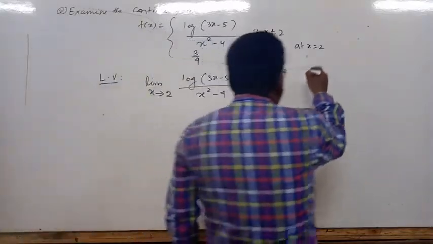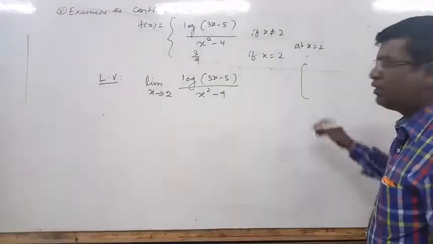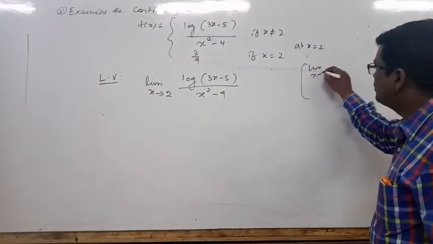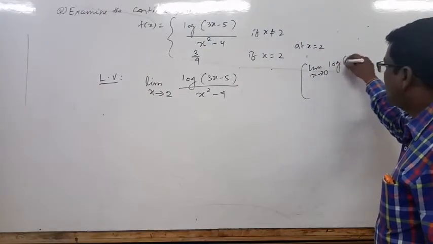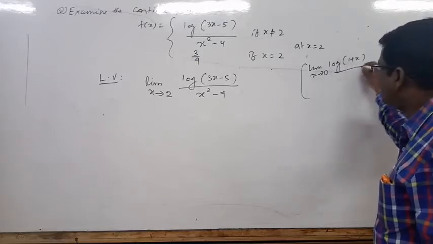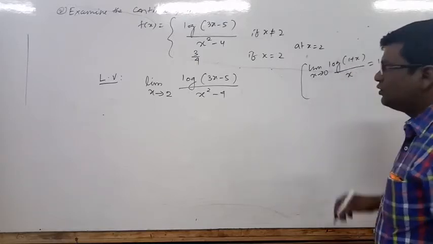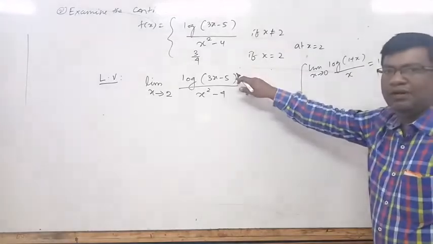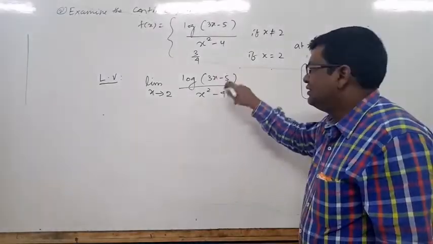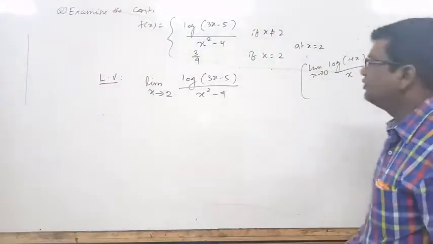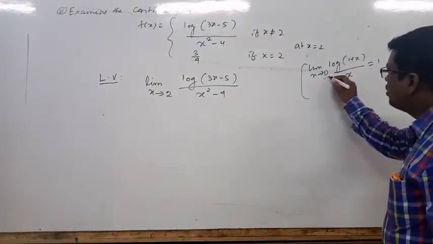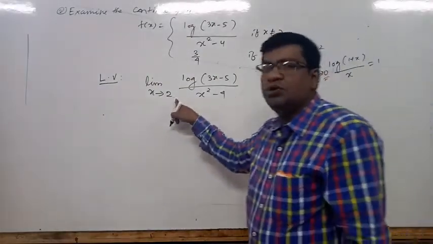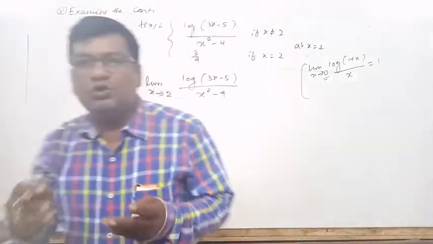But we have the formula limit x tends to 0 of log of 1 plus x by x is equal to 1. So this should be in 1 plus x form. But here it is not in 1 plus x form and also not in the tends to 0 form, but here it tends to 2. We have to make it the tends to 0 form.